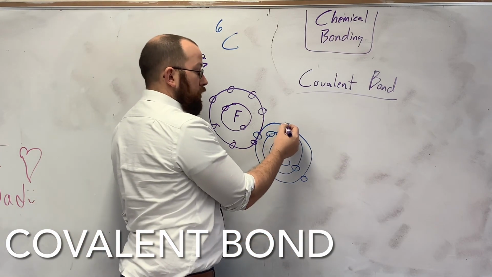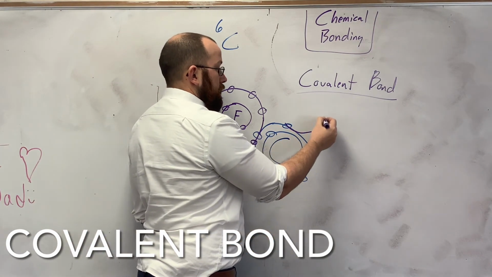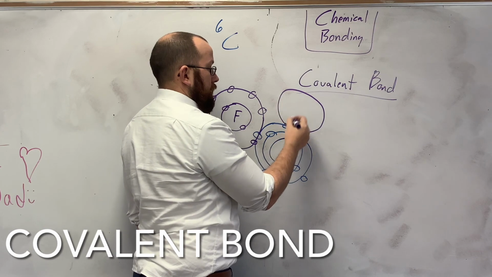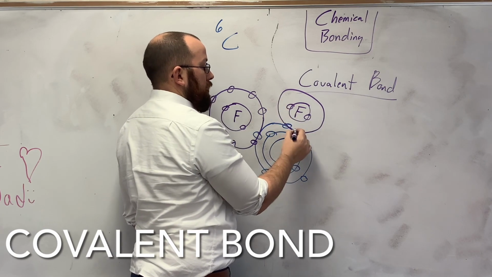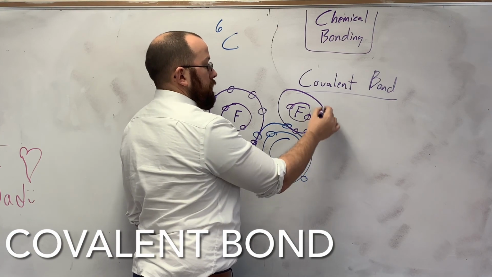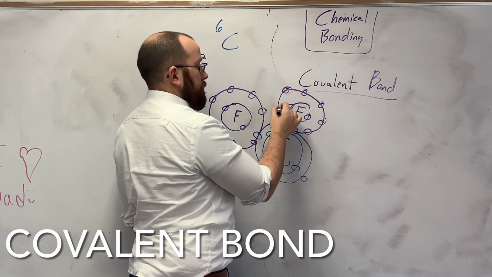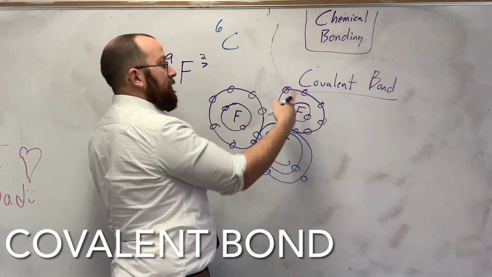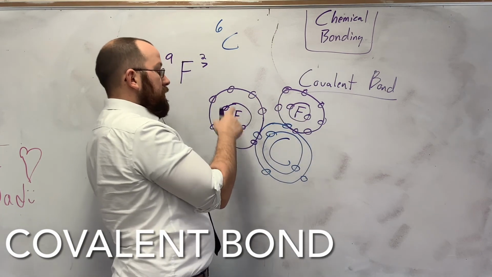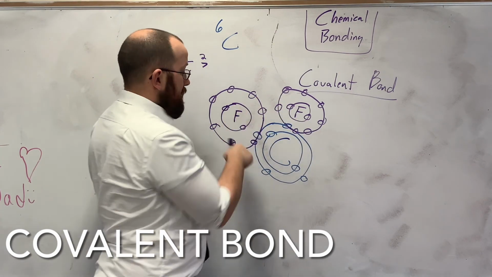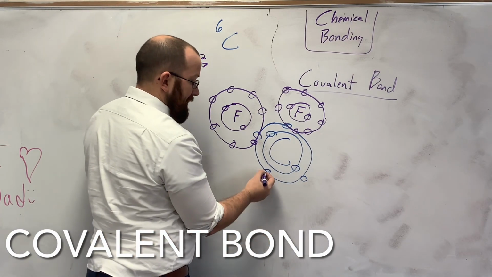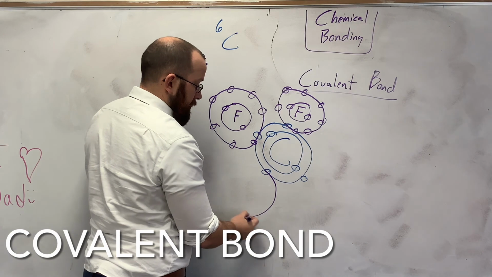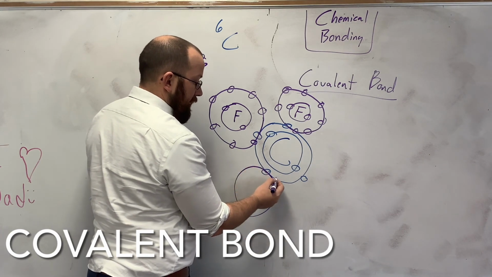So here they're going to share this one. So 2 in their innermost and then in their valence shell, now they have 8 on the outside. This fluorine has 8 on its outside, which is what it wants. It wants its perfect octet on the outside, or perfect 8 electrons.